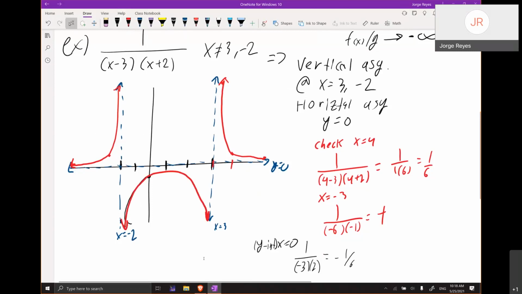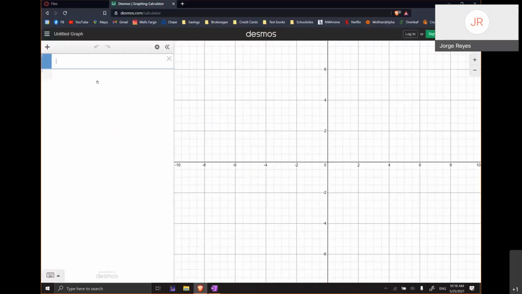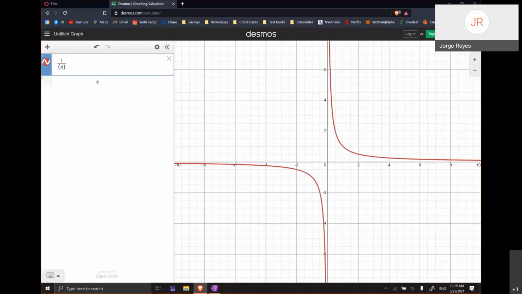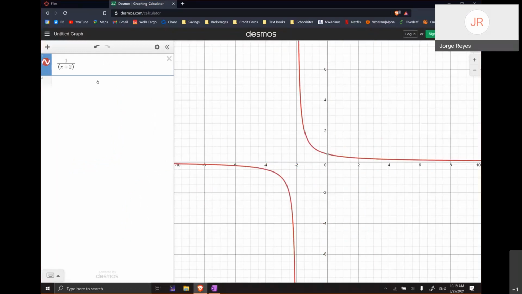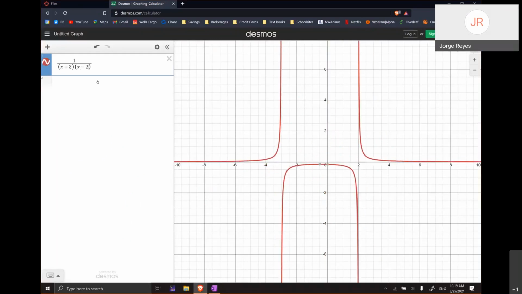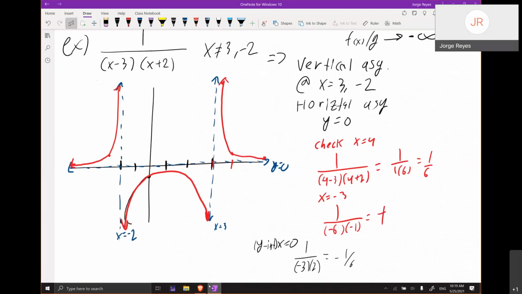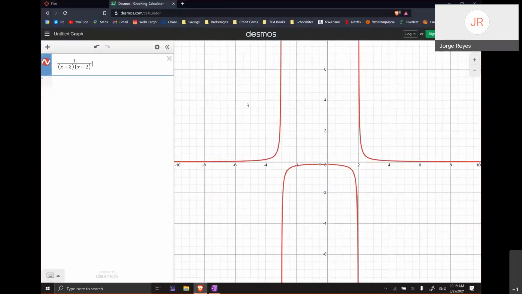And might as well, I'm going to crack open Desmos, all right? What is it, x minus 3? Oh, wait, no, I did x plus 3. x minus 2. Is this what I drew? Yeah. And as we see, I'm good, right?